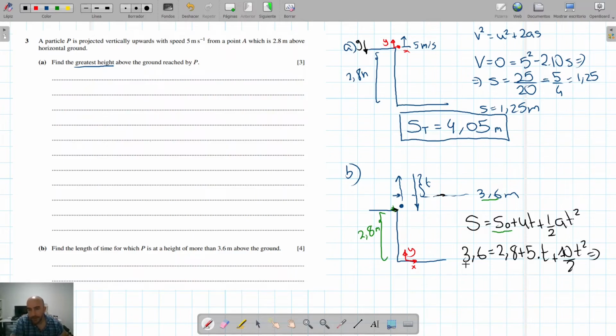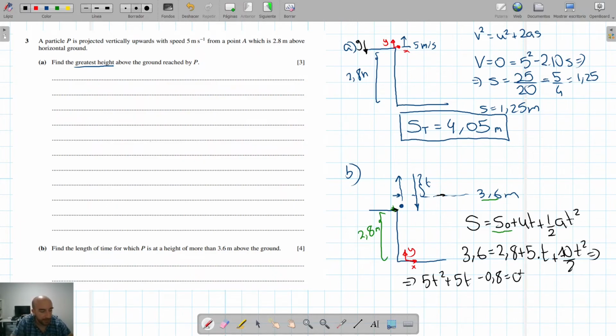Okay, so basically what we have is a second grade equation: 5t squared plus 5t minus 0.8 equals 0.